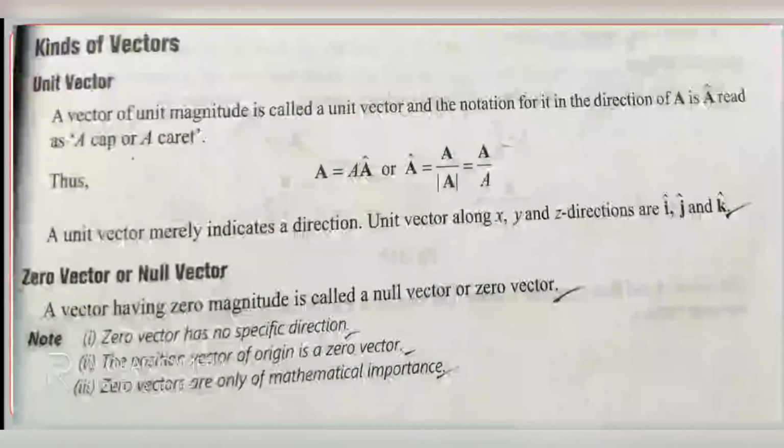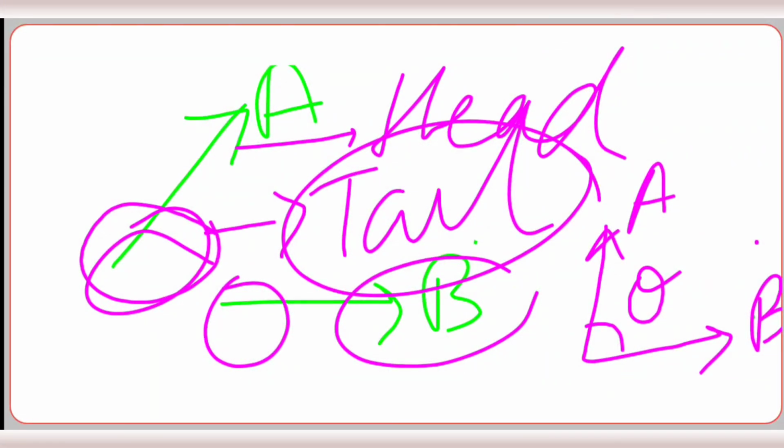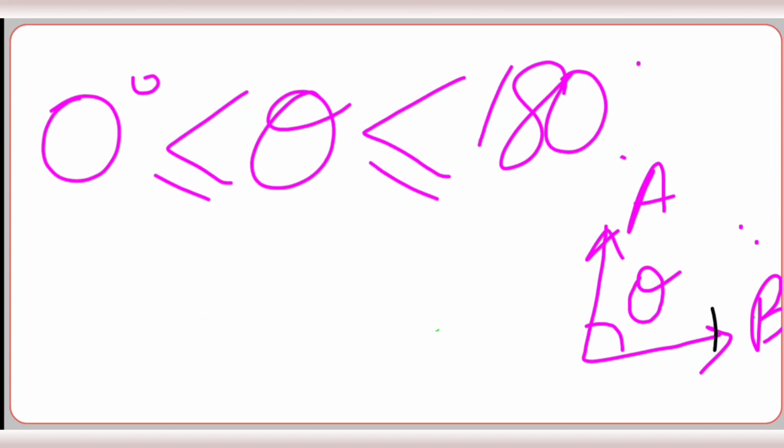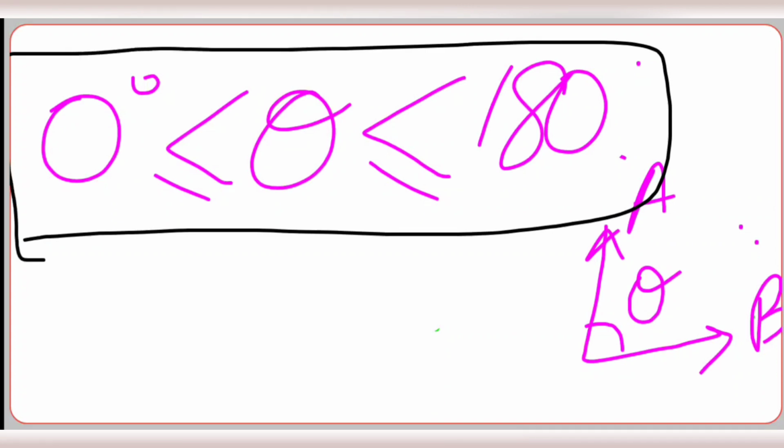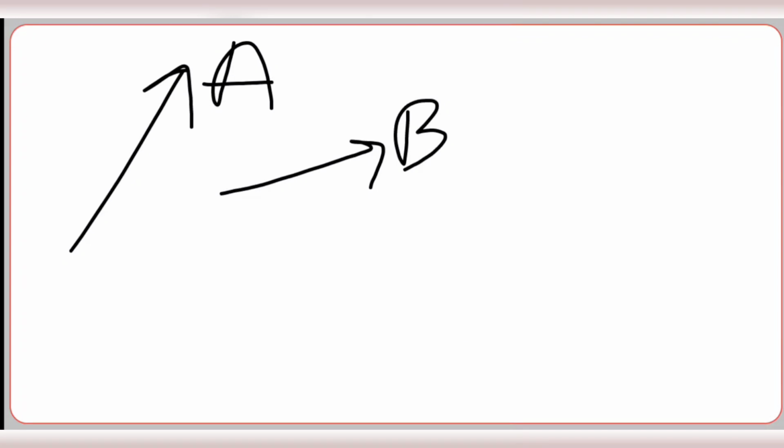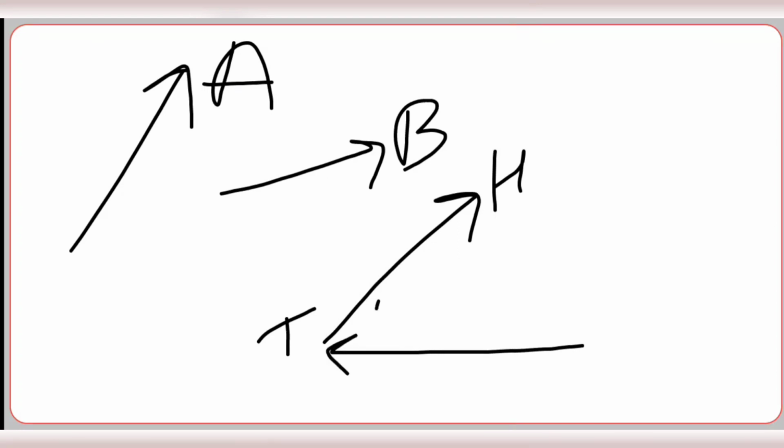Now we come to the kinds of vectors. One more thing I missed: the theta formed between the two vectors will be from 0 degrees to 180 degrees. As I said, we have a head and a tail of a vector, like vector A and vector B, and we join one's head with the other's tail.